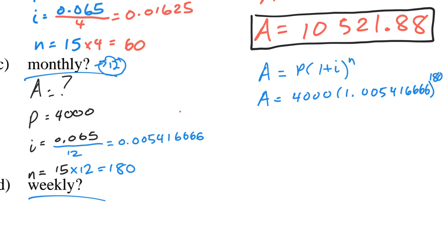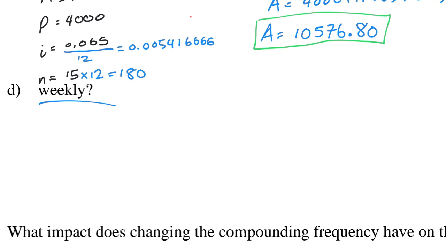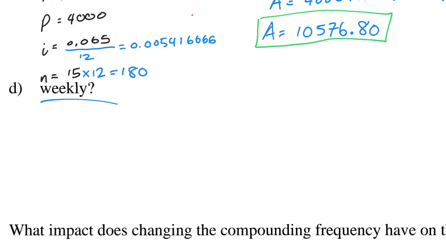That ridiculous calculation. When you punch that into your calculator, you're going to get $10,576.80. All right, so that's what you get when you compound your interest monthly. So now, what would happen if we calculate the interest weekly?